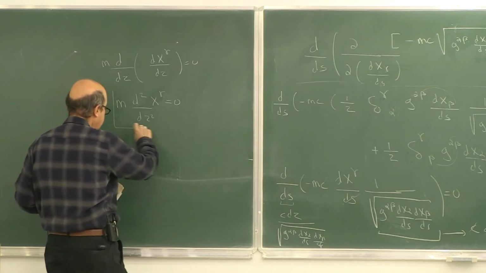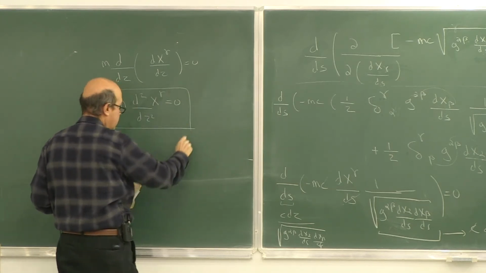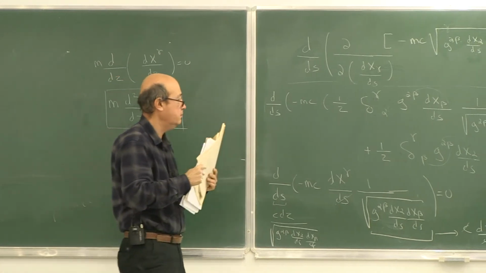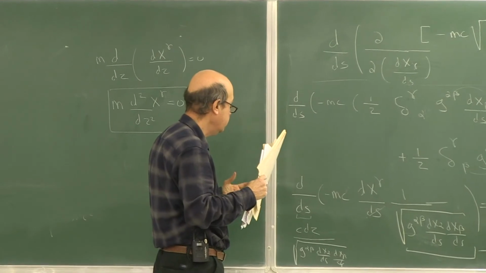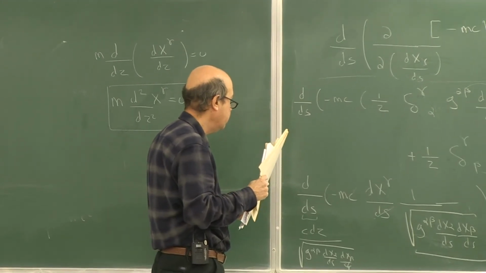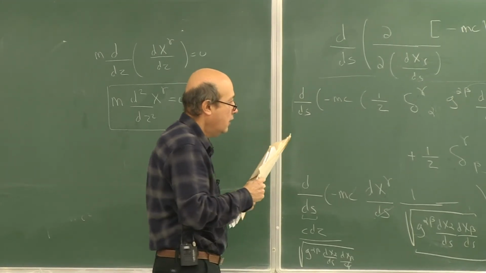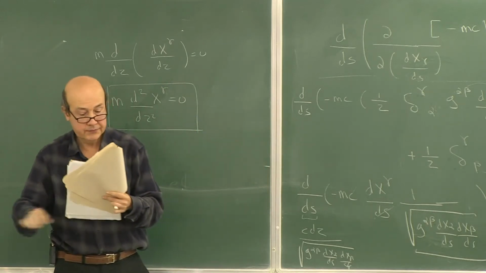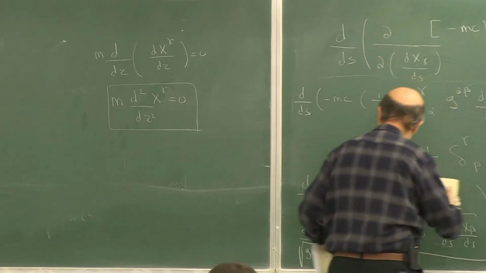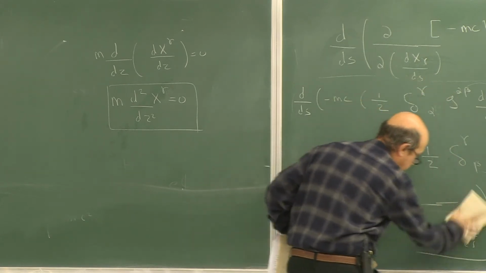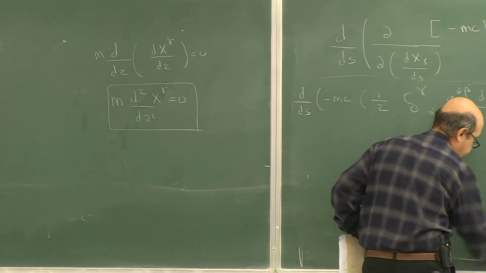Now the next thing: how can we include the interaction term in the Lagrangian? Let us look at the action again.